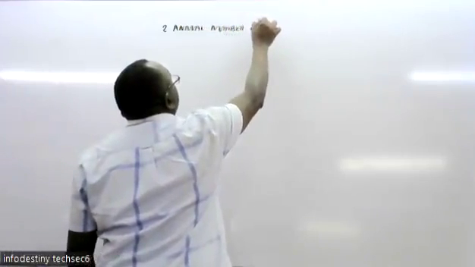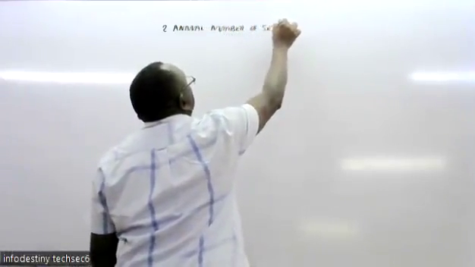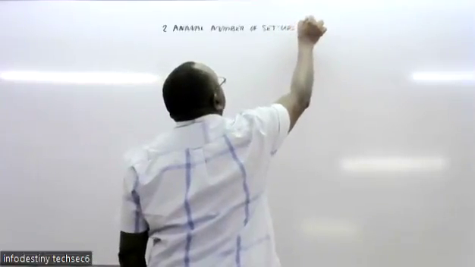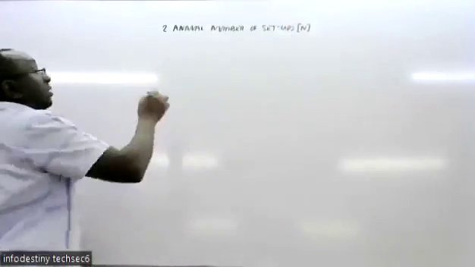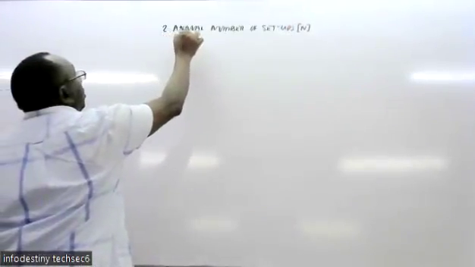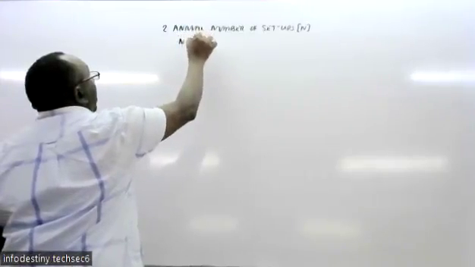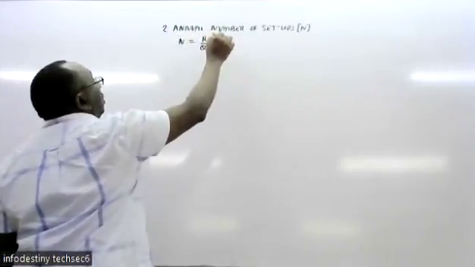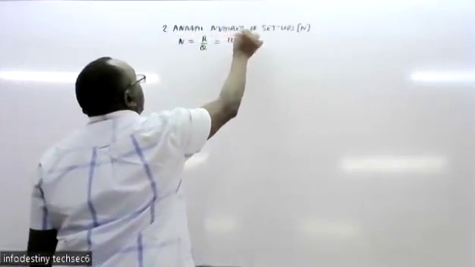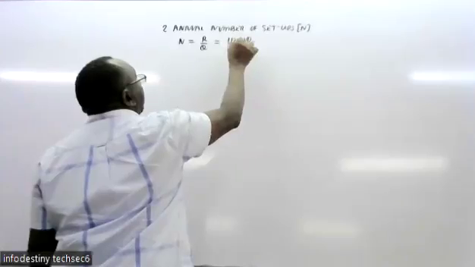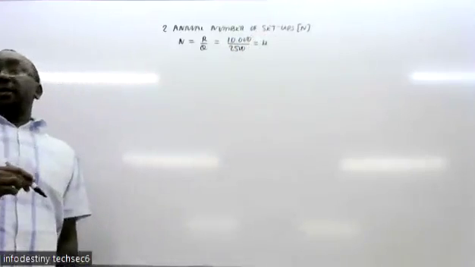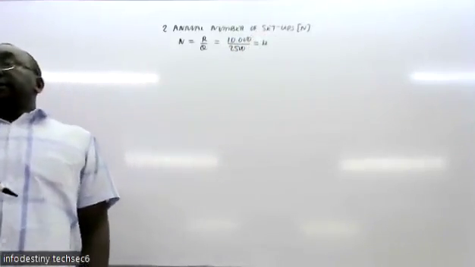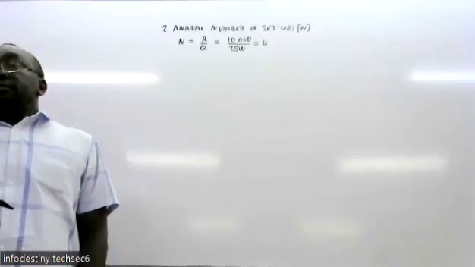Annual number of setups. And setups is normally represented by N. Now this one is just like we had in the EOQ. N is equal to R out of Q. So this will be 10,000. You divide by 2,500. And that should be 4.